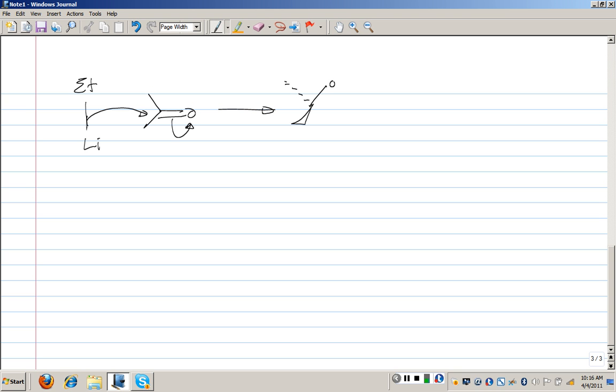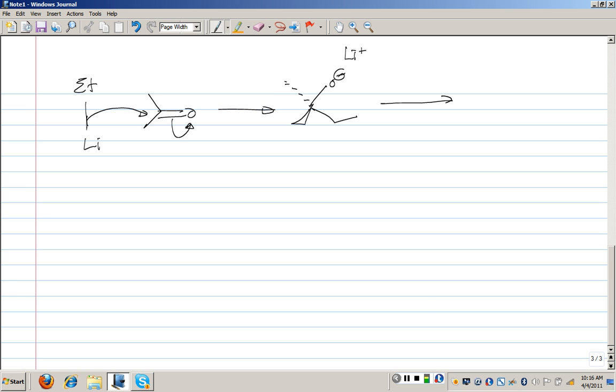And I'll have O minus and my ethyl group. So the ethyl group gets attached to this carbon. My double bond O becomes a single bond O minus. And I'm going to end up losing lithium plus, and the lithium plus will just associate itself with the minus charge as just a balanced charge.